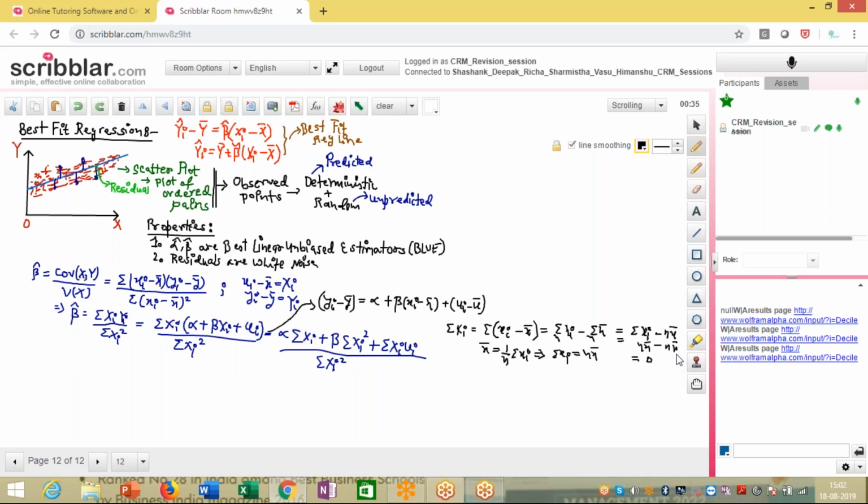Deviations are not calculated as the sum of the deviations, but variations are calculated as the sum of squared deviations, right?